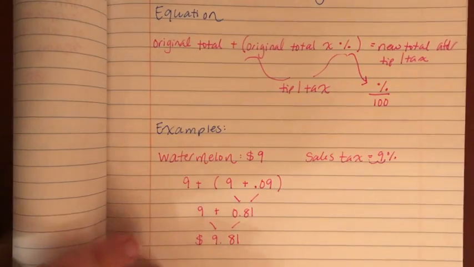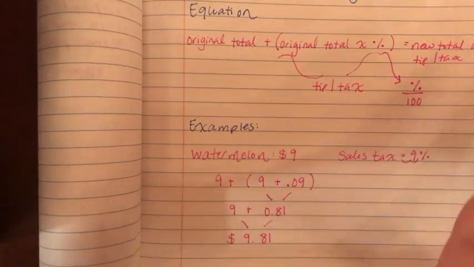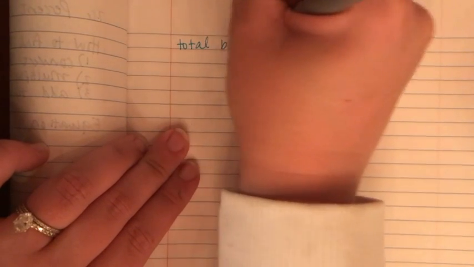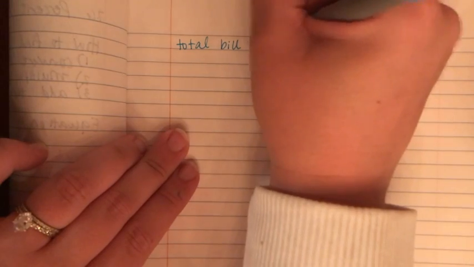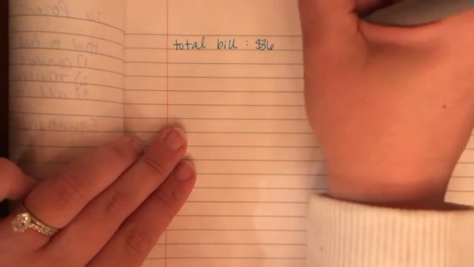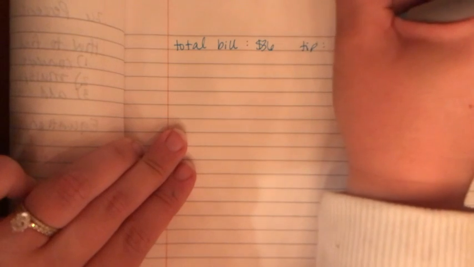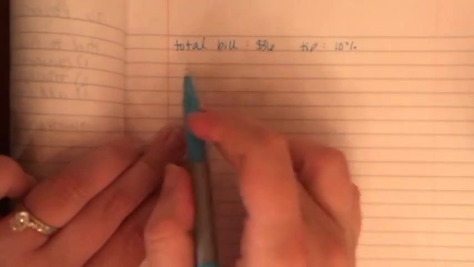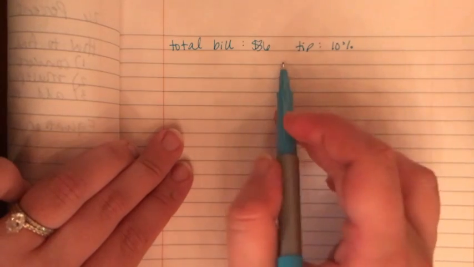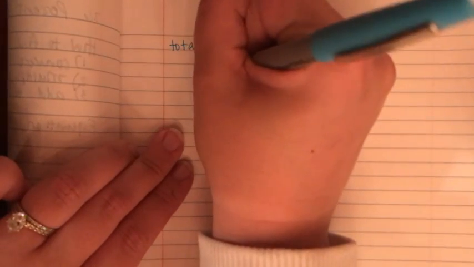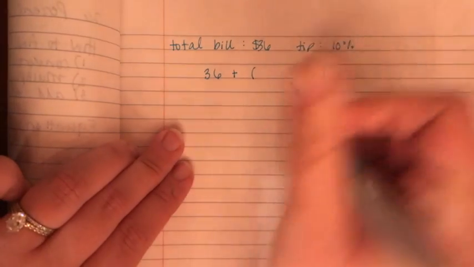Okay, let's do a couple more. Let's say the total bill was $36 and the tip you're going to leave is 10%, and you're asked to find the total after the tip has been applied. We have our original total plus what the tip is going to be.